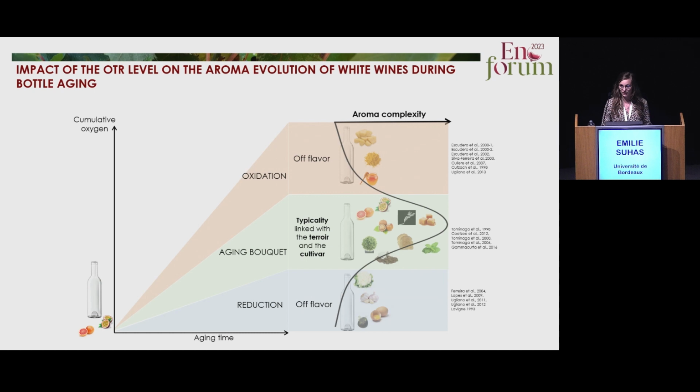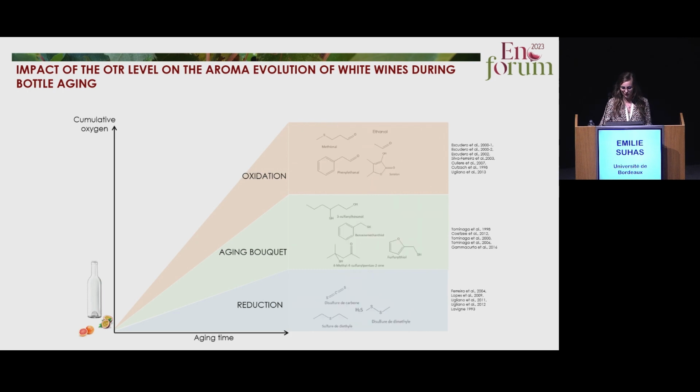When you don't have any reductive or oxidative notes, it's easier to tell the notes that are typical for the cultivar and the terroir and that impart more complexity to the wine. In the course of time, various researchers have studied the sensitive characteristics.